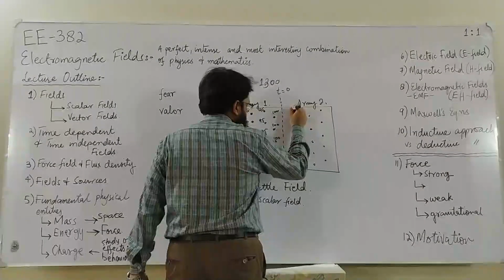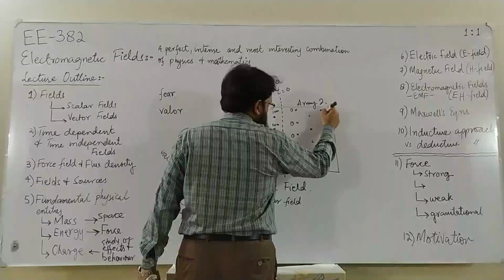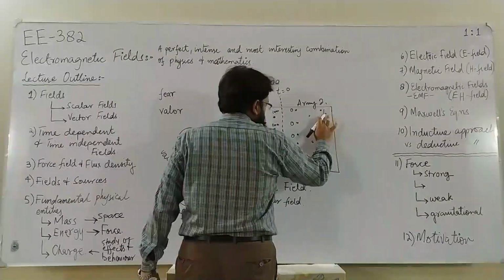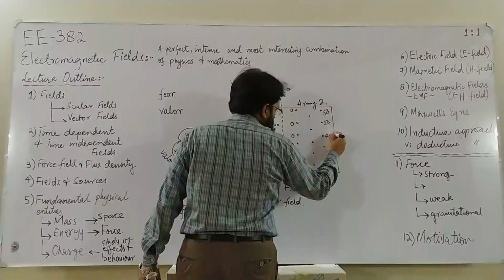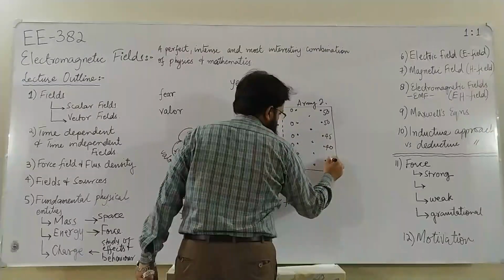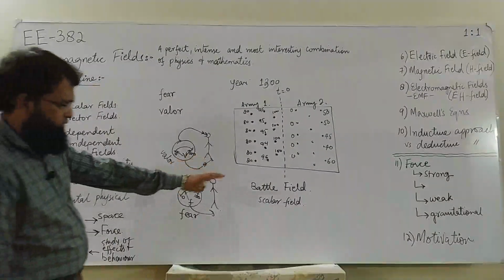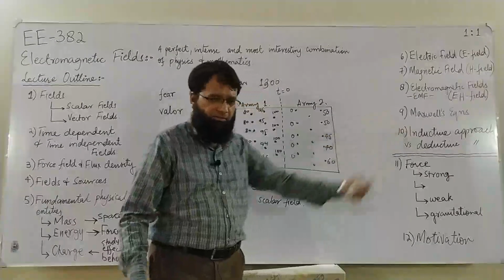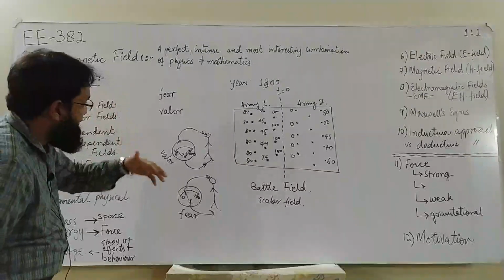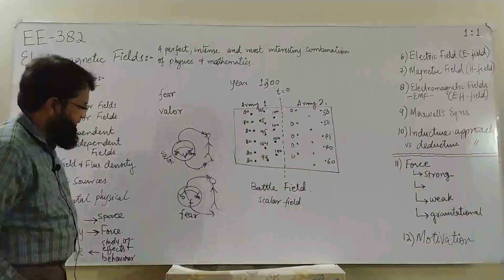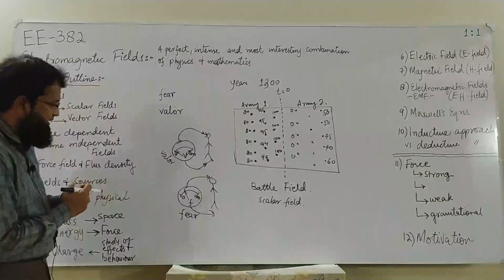So those who are in the front have got zero fear, and those at the back maybe have got some degree of fear in them, right? I'm not talking about units, 60 units, something, some fear. Obviously fear cannot be measured in kilograms or degrees centigrade, so we are not discussing the units, we are just discussing the concept of fields here.